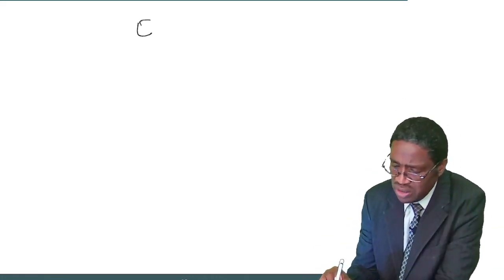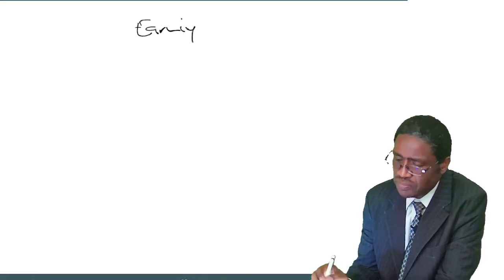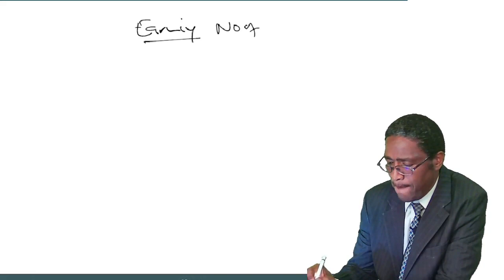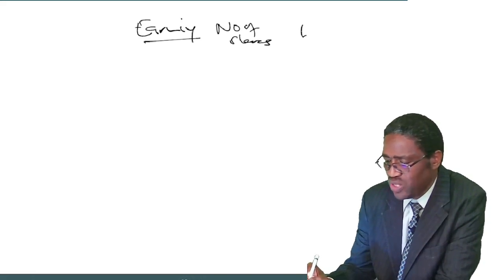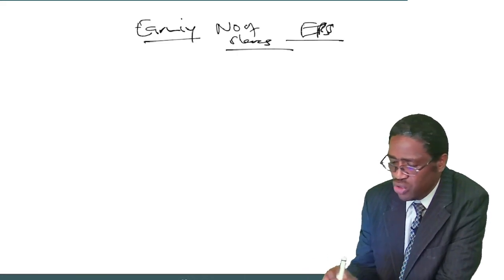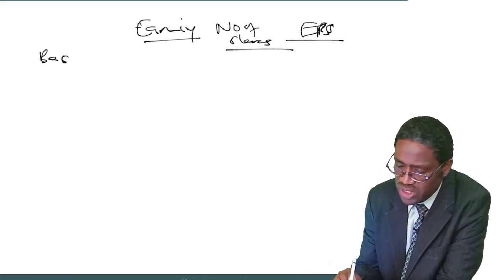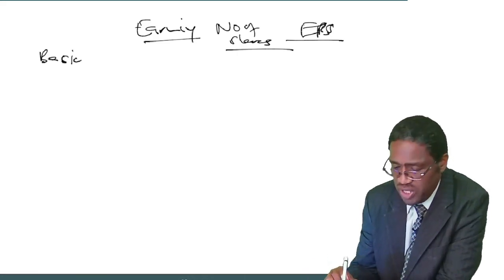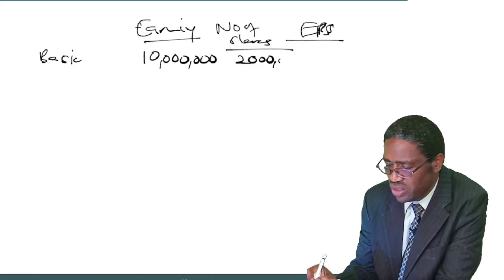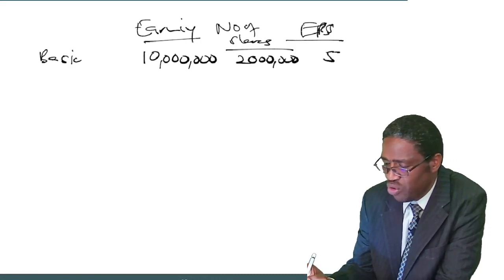You get the earnings, get the number of shares, and you get the EPS. You start with what you considered as basic EPS. To get basic EPS, we use 10 million, which were the earnings. The number of shares were 2 million. And therefore you got an EPS of 5.